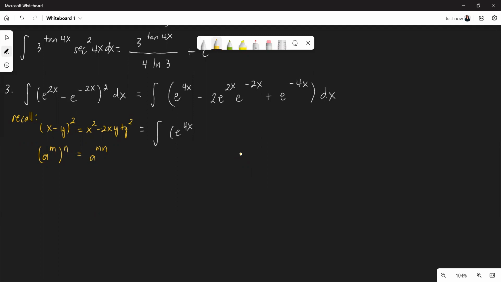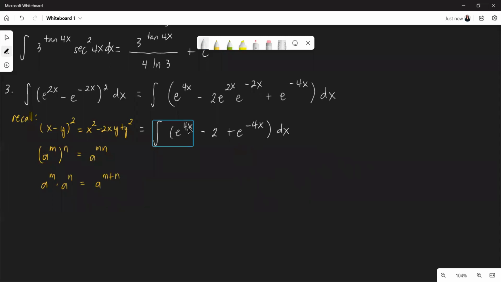If you have functions of the same base with different exponents and you are multiplying them, just copy the common base and then add the exponents. So 2x plus negative 2x is 0, and then e raised to the power of 0 is 1. That's 2 times 1, or basically equal to 2. Then plus e raised to the power of negative 4x, then dx.